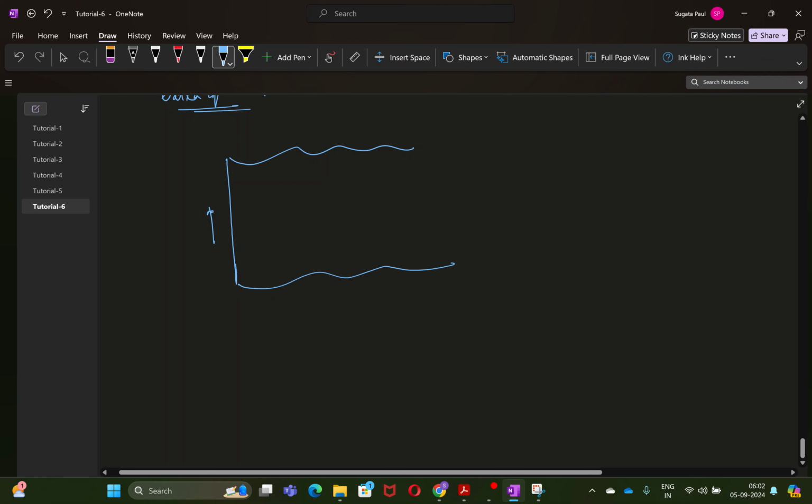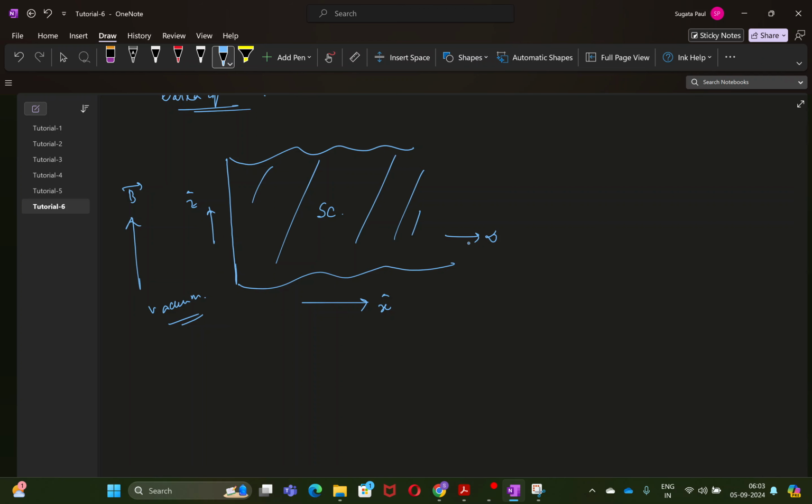This is the plate, this is the z-axis, this is the magnetic field direction, this is your superconducting plate, and outside this is the vacuum area. The z direction is parallel to the edge of the superconducting plate, and this direction is the x direction, and it can go up to infinity. So this is not bound anywhere. One side edge is seen, but the other side tends to infinity for the superconducting plate.